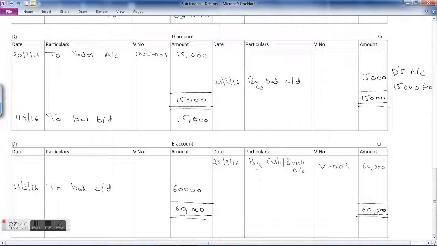Now again this is the credit balance which has been carried down or brought down, because there was an advance which was received from E, correct, and no sale has been done. So E's account is showing a credit balance of 60,000.